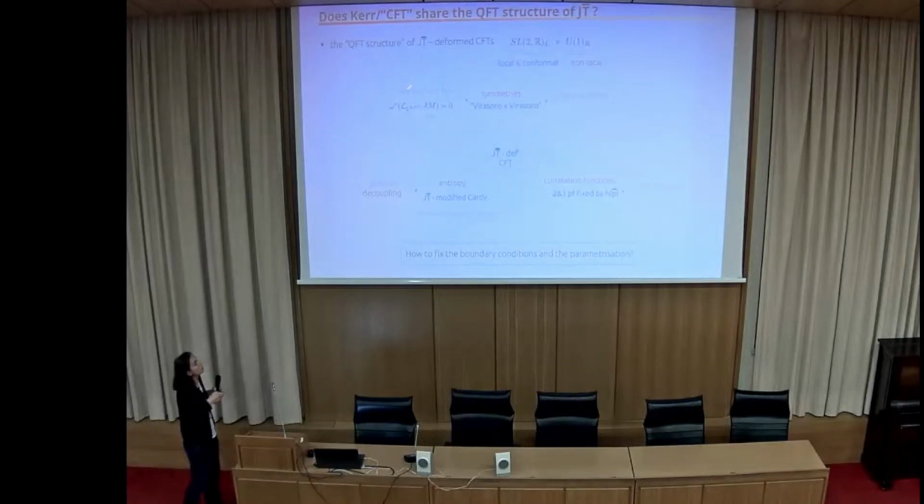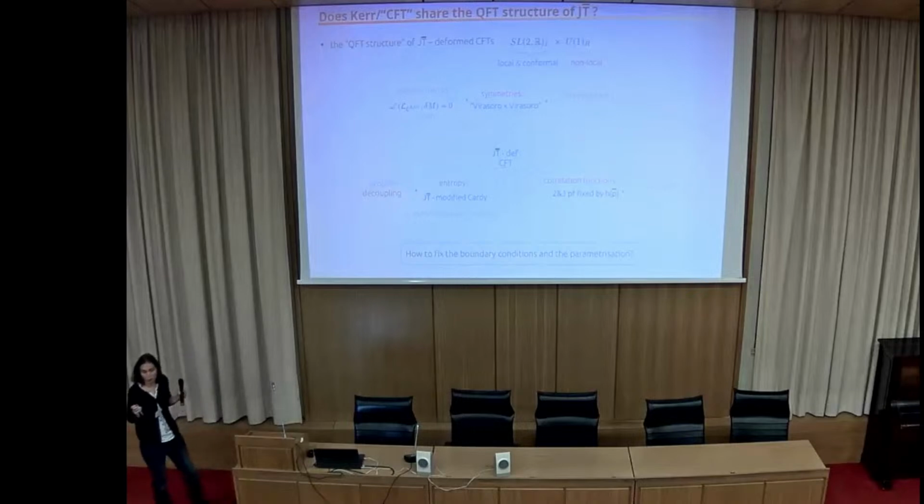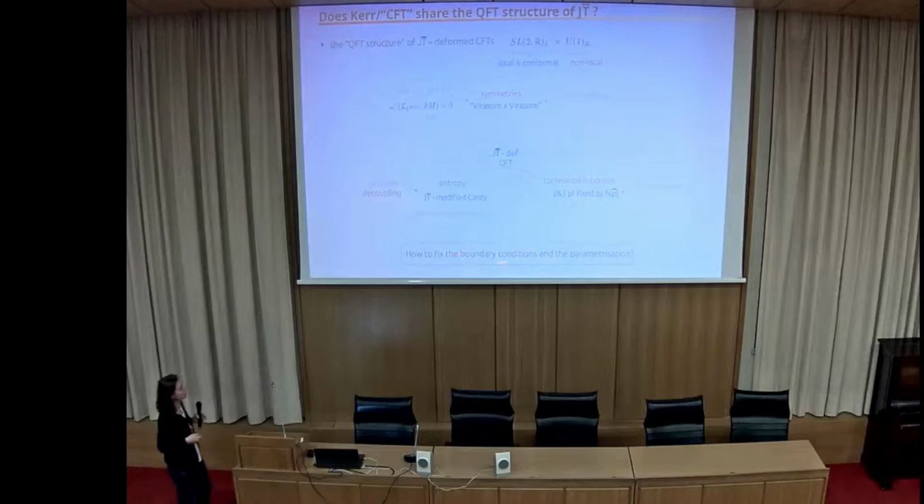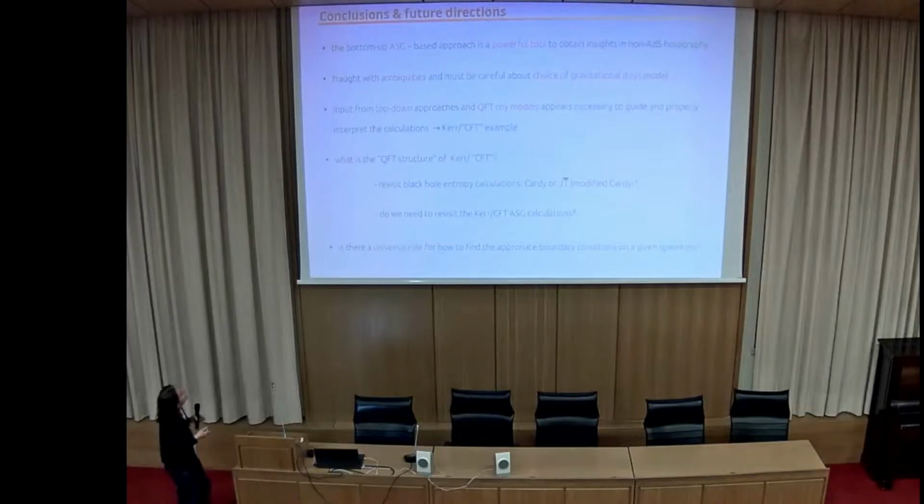The question is, is this the correct way to be fixing boundary conditions for your non-AdS holography question? So this is the open question: how do we fix boundary conditions in this non-AdS holography? How do we fix the parameterization of the backgrounds? I'll leave you at that.